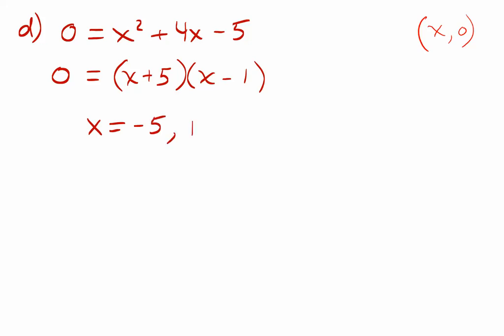But you guys are sophisticated Math 15 students. You guys can do that in your head already. So I got these guys here. So x-intercepts are negative 5 and positive 1. What else do I know because of that? Let's see. I got 2 more points here. Negative 5 comma 0, 1 comma 0.